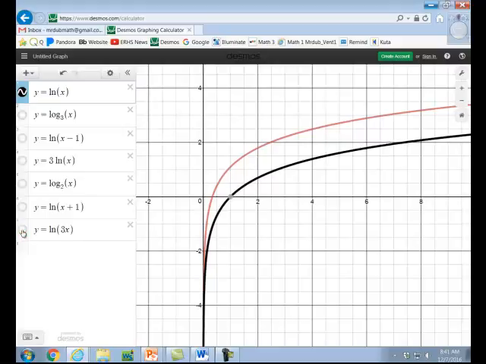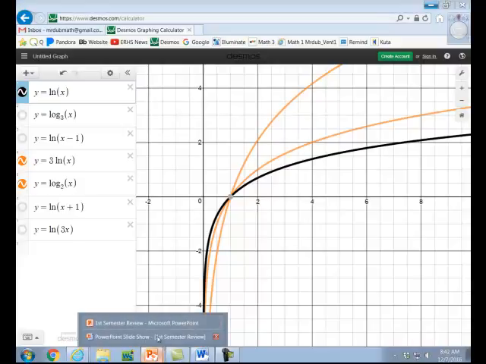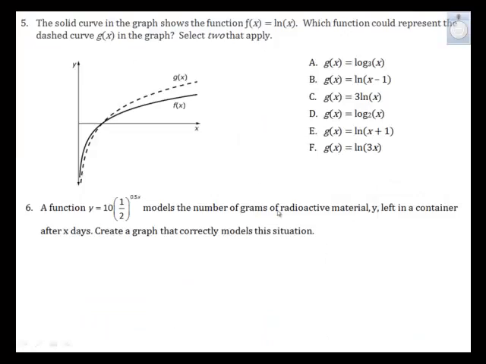So I don't think it's this one. I think the log 2 was pretty close. And then, since it says to choose 2, I would say the natural log with the 3 on the outside. Those are the two that are going above. And since it's not indicated in the PowerPoint, I would say that it could be either C or D, since we have to select 2 that apply.